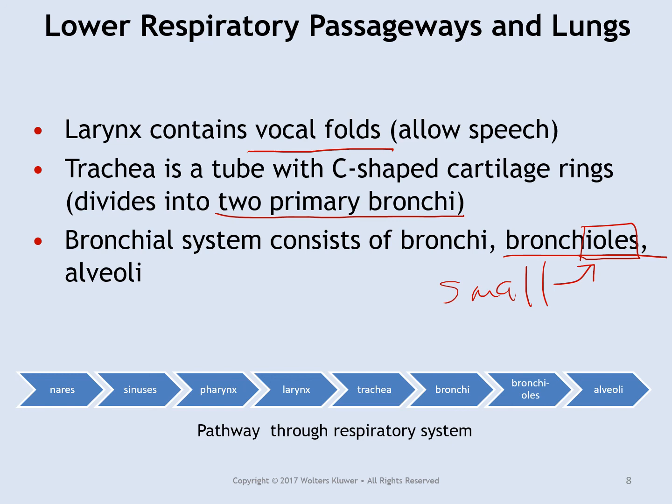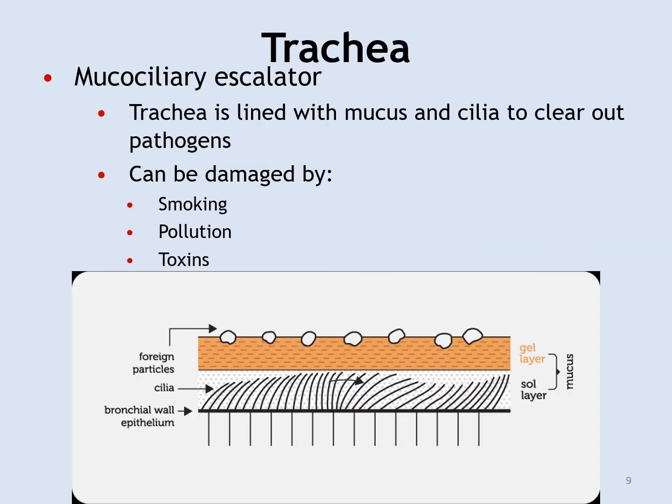And then at the end of your bronchioles are your alveoli. Now the trachea and your bigger bronchi are lined with cilia that helps keep the trachea clean. That's what these little guys are here, down at the bottom of this. Cilia are little hair-like cells, and they move.